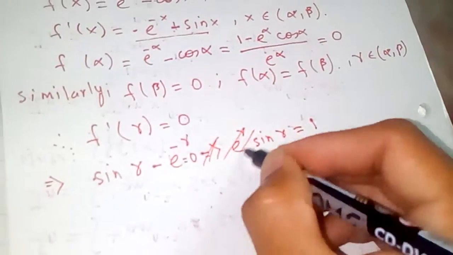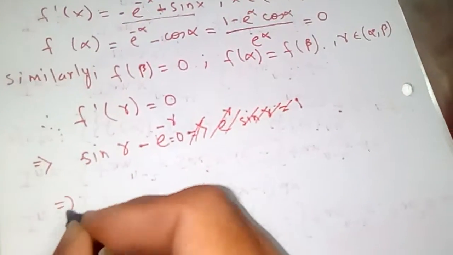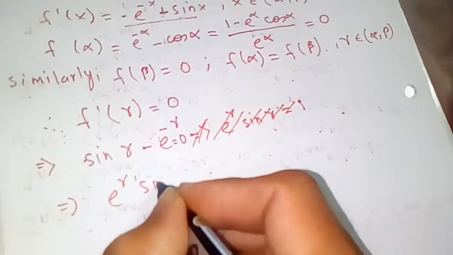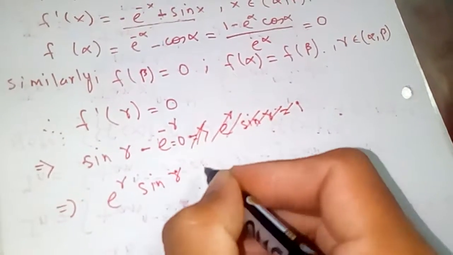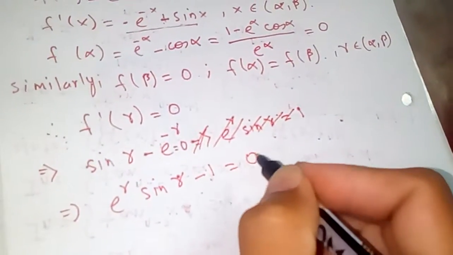Sorry, if you simplify this, e to the gamma sine gamma minus 1 is equal to 0.